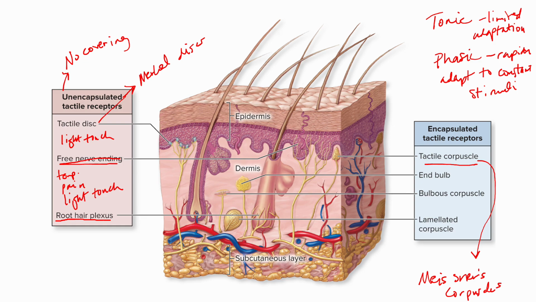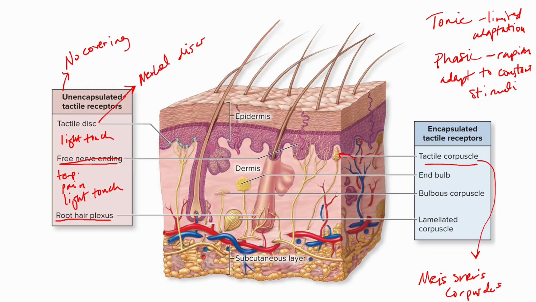These are important in our discriminative touch, the shape and texture of something. These are also phasic, so they can adapt to constant pressure, so that we can better determine texture and shape of an object as we handle it. These are located in the papillary layer, the more superficial layer of the dermis.